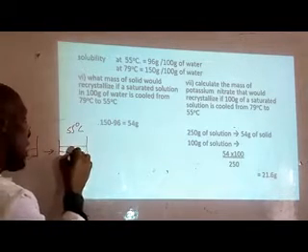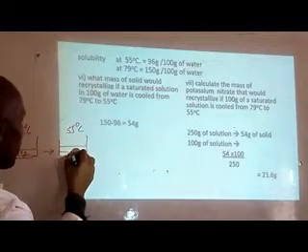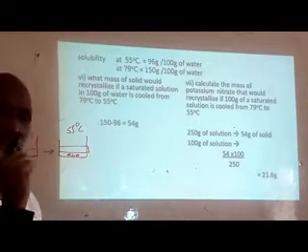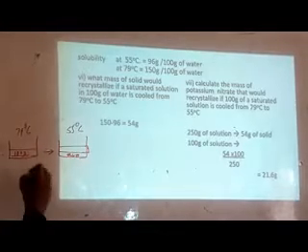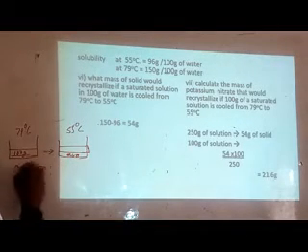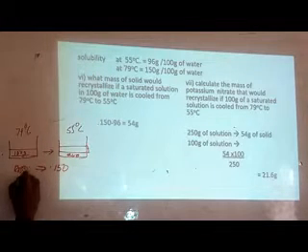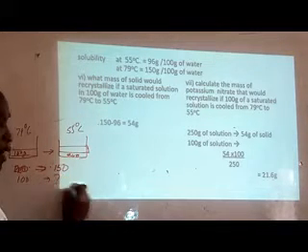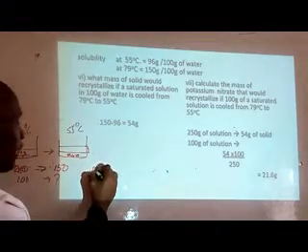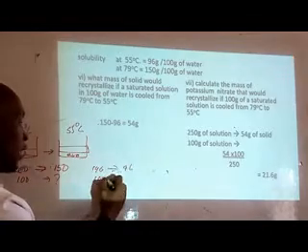I will not end up with 100 grams of the saturated solution because some of the solid is going to crystallize. So the solution I have here will not be 100. So it would be wrong to say 100 grams of the saturated solution can hold. So if 250 can hold 150, so what about 100? I get the value there. Again, at 55, if 196 can hold 96, what about 100?